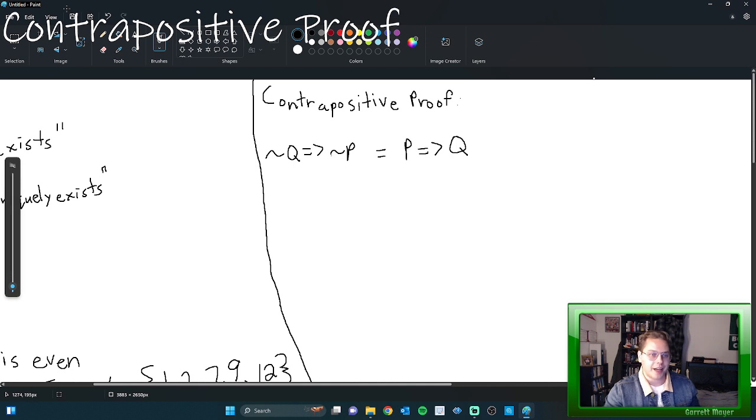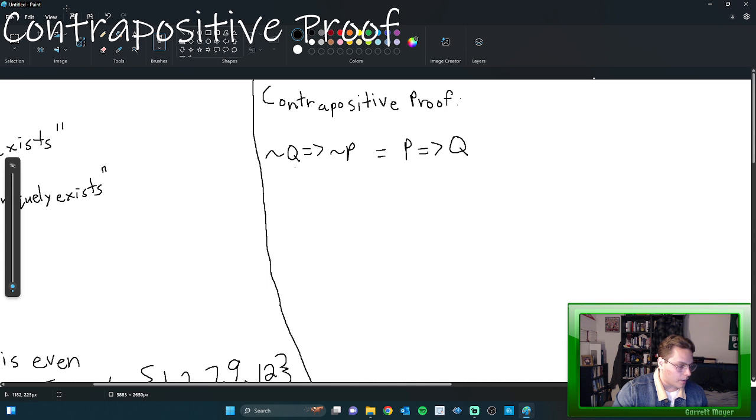Because if we knew that not Q, or that Q was not true, and found out that P was true, then that would show that P does not actually imply Q. Hence, these two statements are logically equivalent. I would recommend you write out the truth table on your own and think more about the intuition behind this logic to more fully understand why this works. But the fact is, it does work, and that's the basis for contrapositive proof.